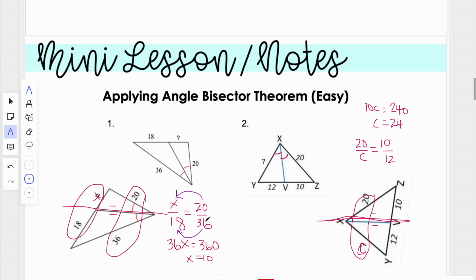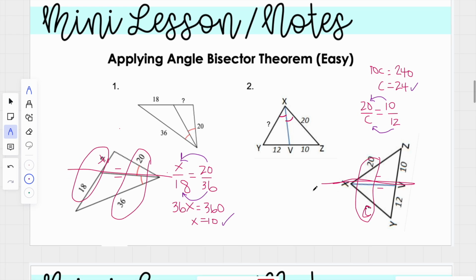So half of 36 is 18, so this must mean that half of 20 is 10, and that actually is exactly what we got. And if you're looking at this other one, 10 times 2 is 20. So that means that 12 times 2 is also going to be 24, which is the answer that we got. If you see that, you can use that instead of doing the cross multiplication thing because it's much faster.